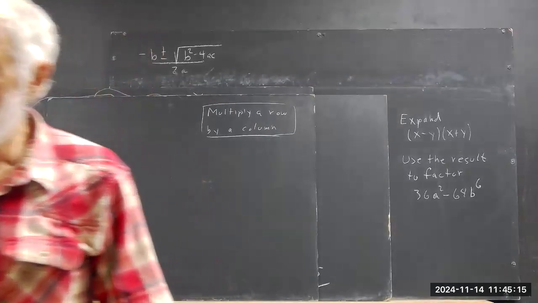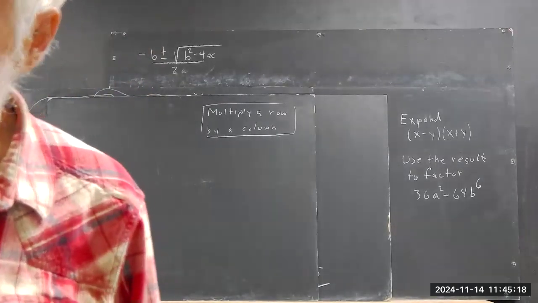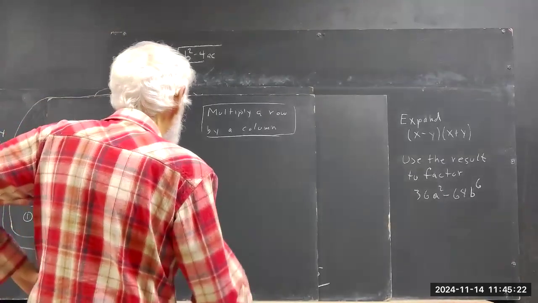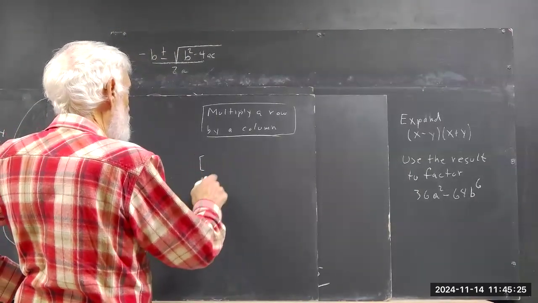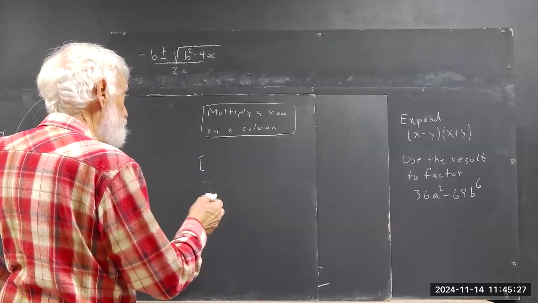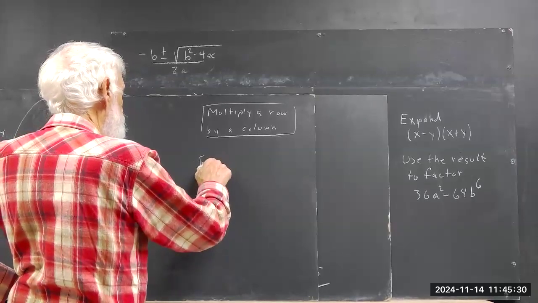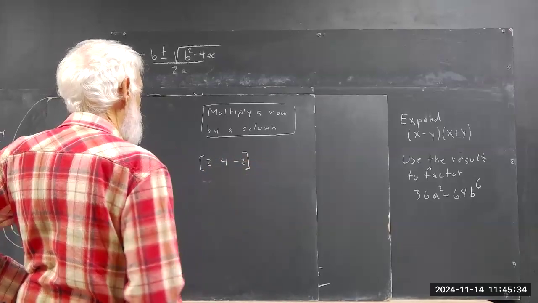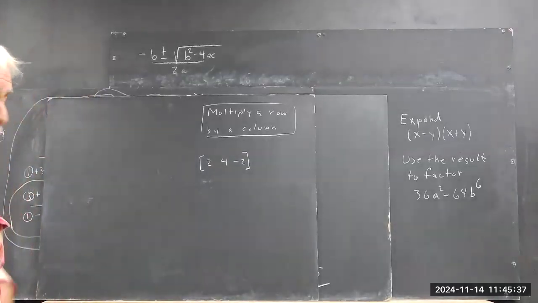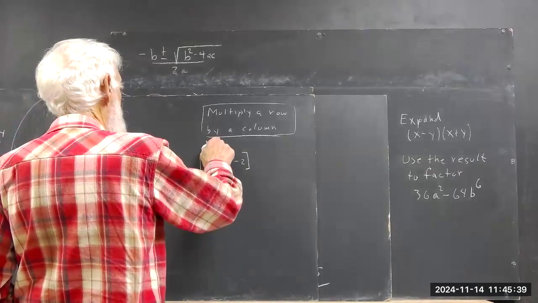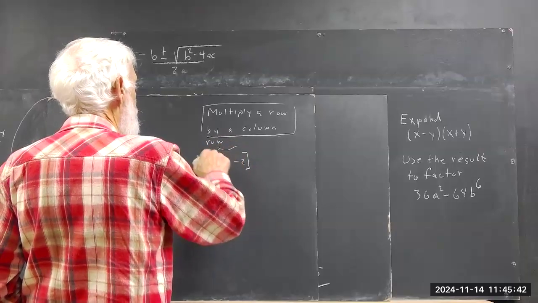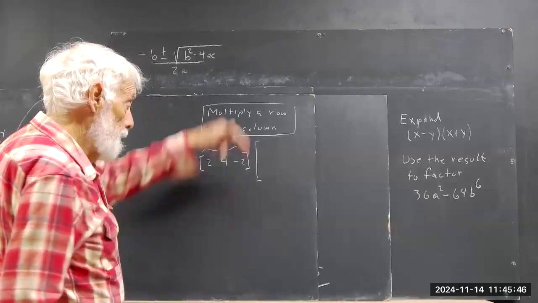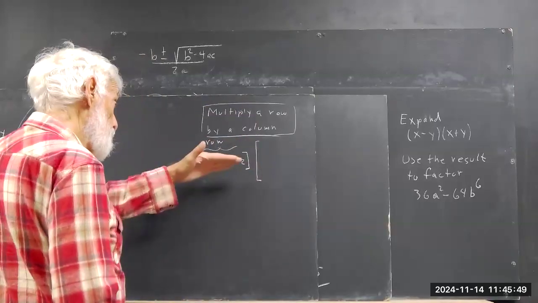Now, to multiply a row by a column is really, really easy. Okay, I'm going to designate a row with a pair of brackets and 3 numbers. Okay, this is a row. A column is going to be 3 numbers, but they're going to make a column, not a row.